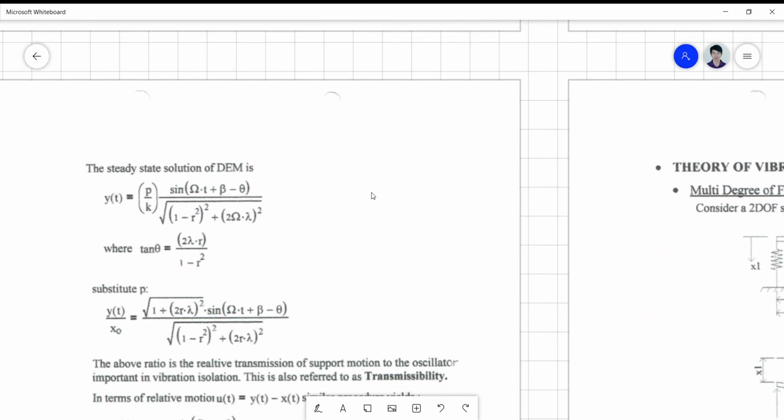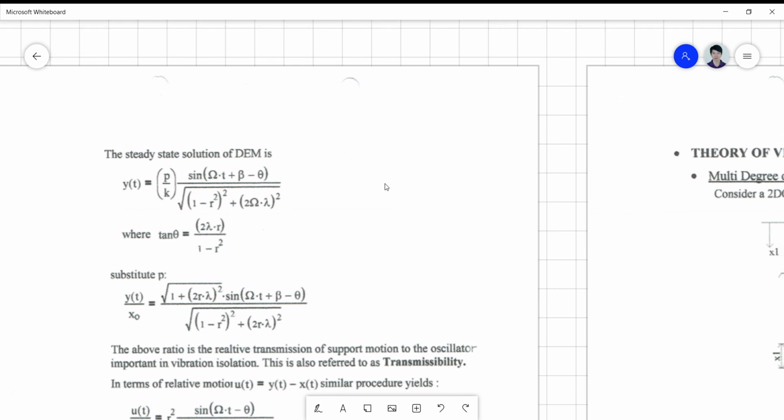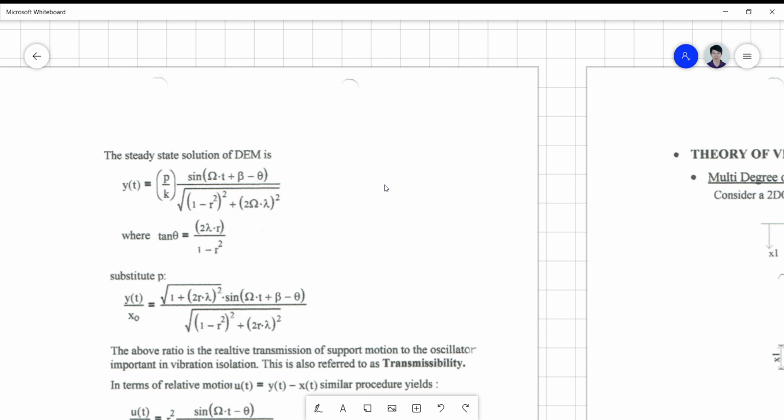So the steady state solution of the differential equation can finally be obtained by simply looking into the format of the forced damped vibration that we have derived earlier. This is the format very similar to what we derived.